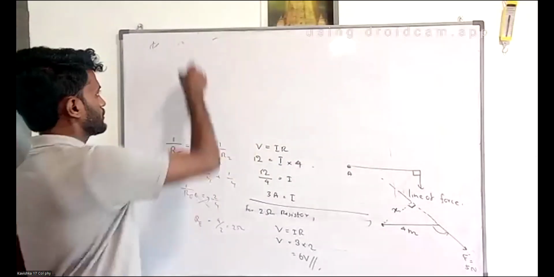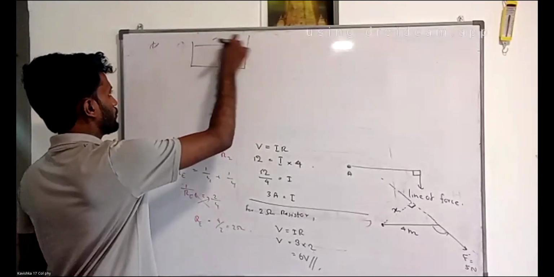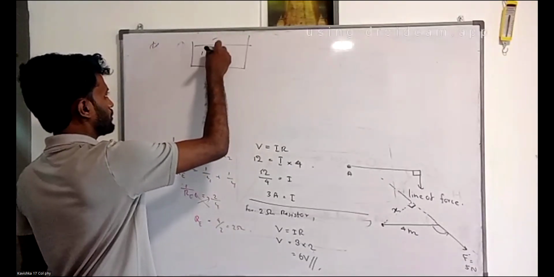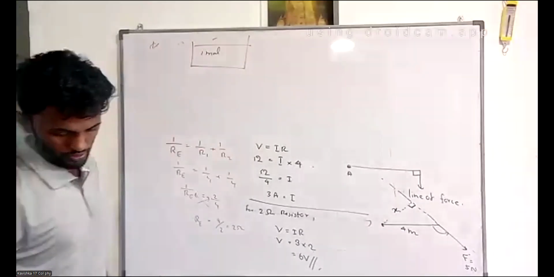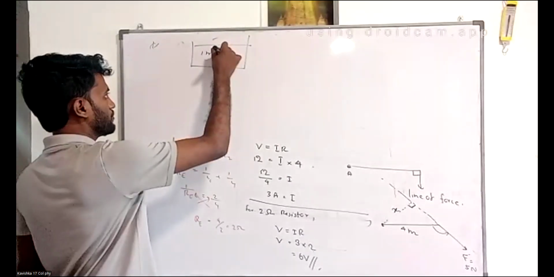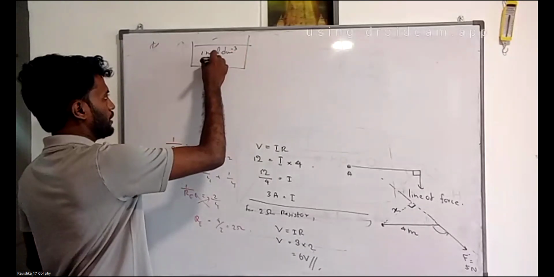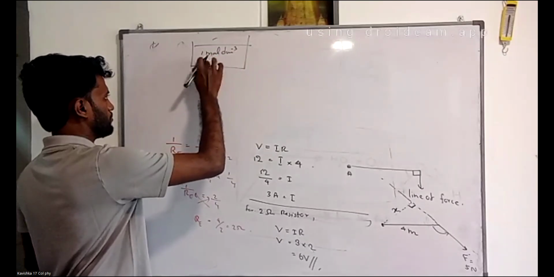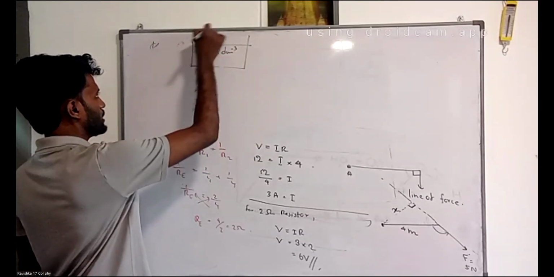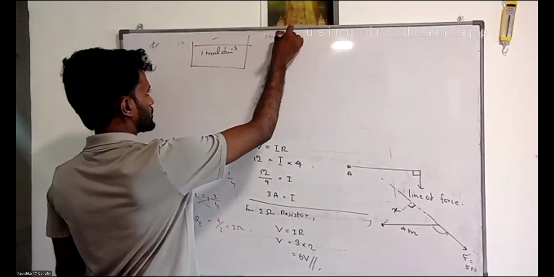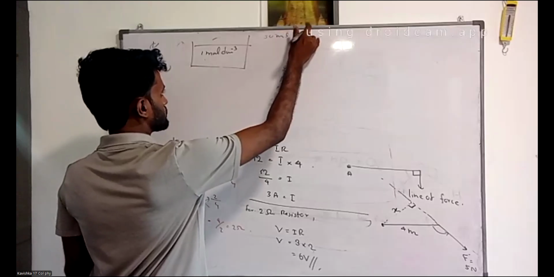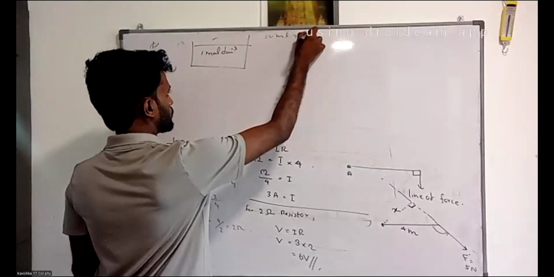First one, the concentration is 1 mol dm^-3, and 50 milliliters is 50 cubic centimeters.